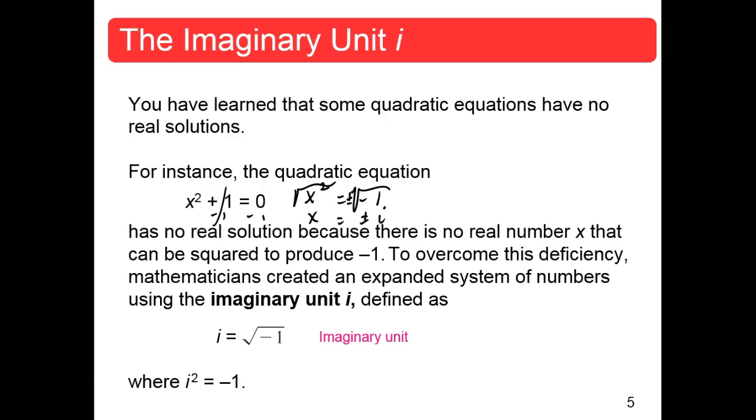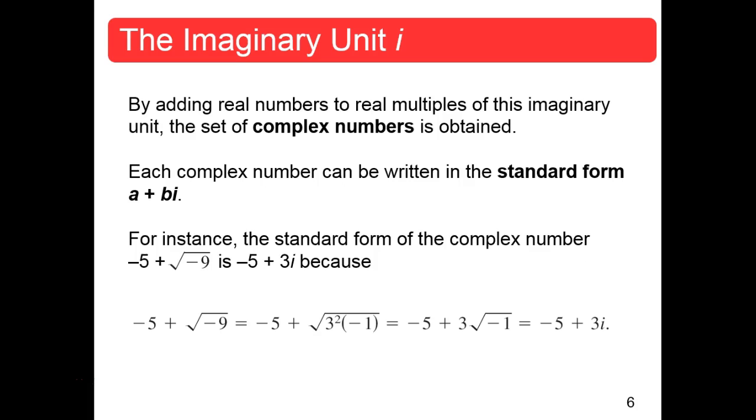We think we got them all now, okay? We had real numbers, now we have numbers with imaginary components. By adding the real numbers to real multiples of that imaginary unit, i, you now have another whole set of numbers, and these are called the complex numbers. That would be all real numbers and all real numbers with imaginary parts.